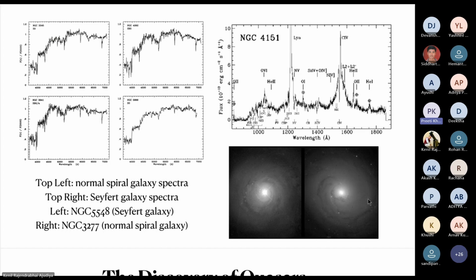Carl Seyfert already found that these galaxies have very prominent emission lines, which you see in the top right panel for one of the galaxies, NGC 4151. On the other hand, there are four spectra of normal spiral galaxies on the left, and as you can see very clearly, their spectra are dominated by absorption lines. So the difference was that the spectra of these so-called Seyfert galaxies were dominated by emission lines, and the second thing was that they had star-like nuclei.